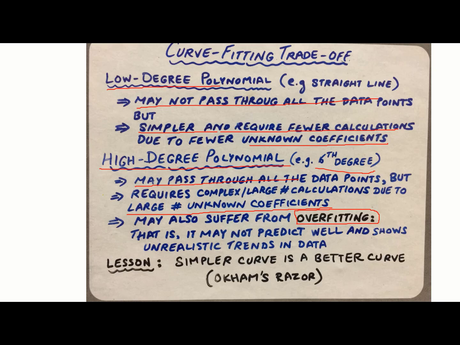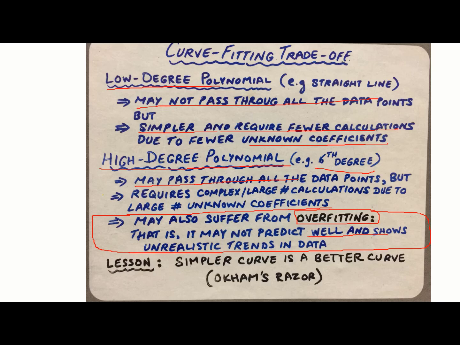But an important consequence of fitting higher and higher degree polynomials is overfitting. That is, a high degree polynomial may not be very good at predicting the next position of the robot.